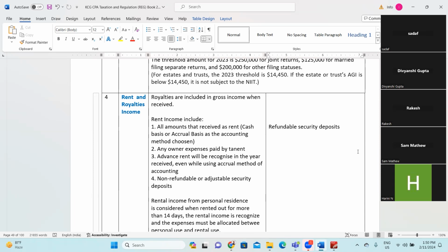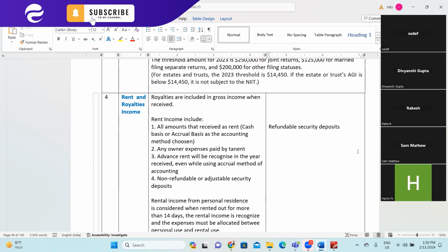I have one more example. If we are receiving payment for the use of a copyright, then it's royalty. But if it is for the use of a copyrighted article, it is not royalty. This is the issue we generally see in taxation: what is the difference between these two?